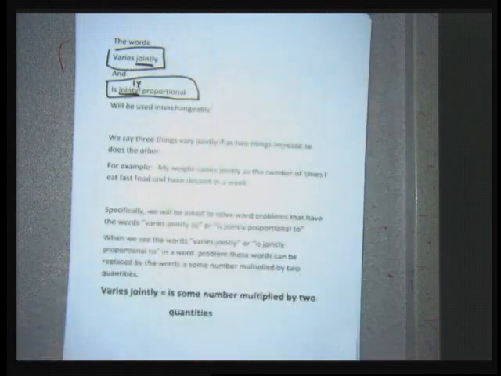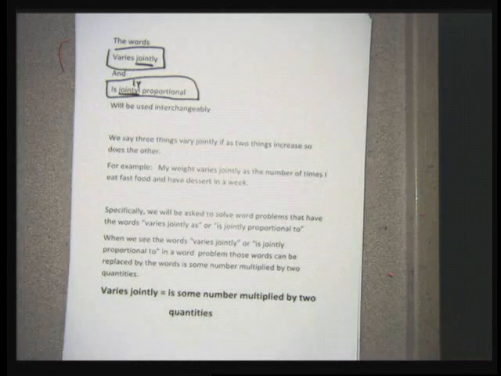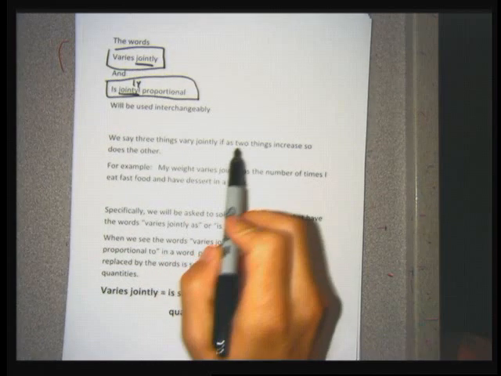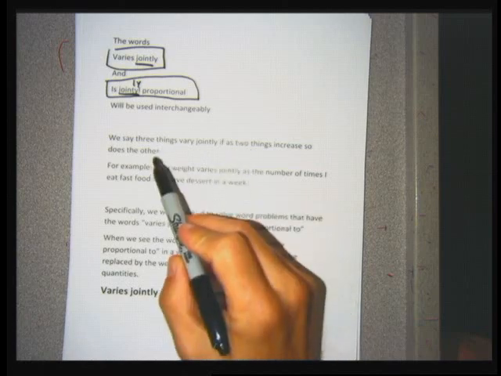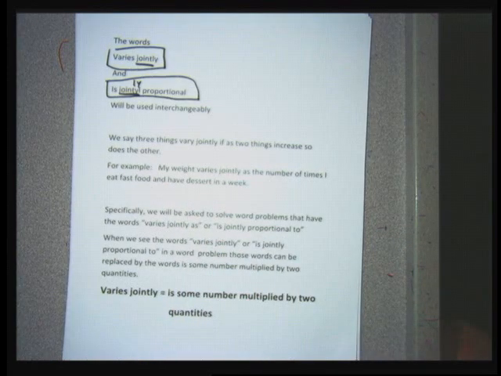And for jointly, I need three items varying. Basically it says if two of the items increase, so does the other. So jointly is similar to directly, because with directly, if one item goes up, the other goes up. Jointly is like directly, but I need two items to go up to cause the third item to go up.